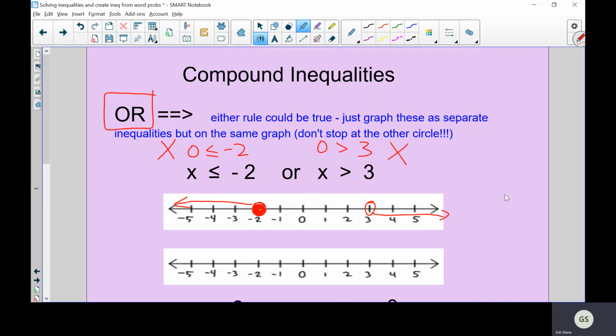So let's test the last section. Oh, need long arms. Is 4 less than or equal to -2? Is that true? No, that's not true. But it only has to work once, so it didn't work there. Is 4 greater than 3?